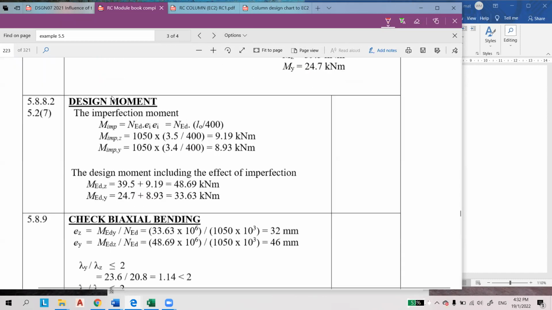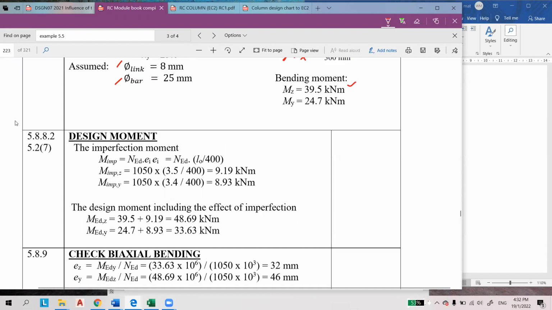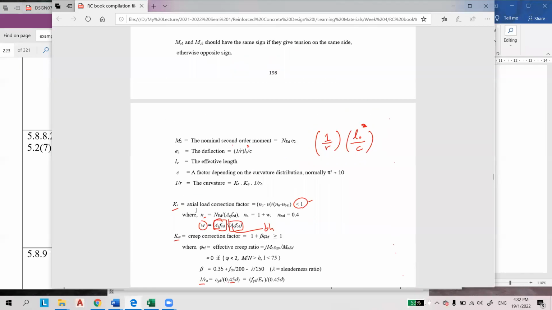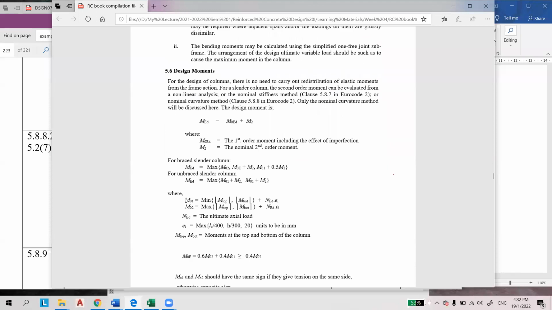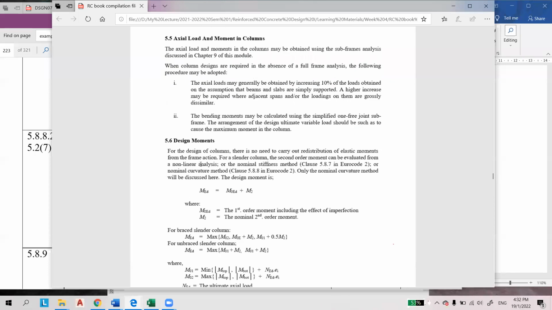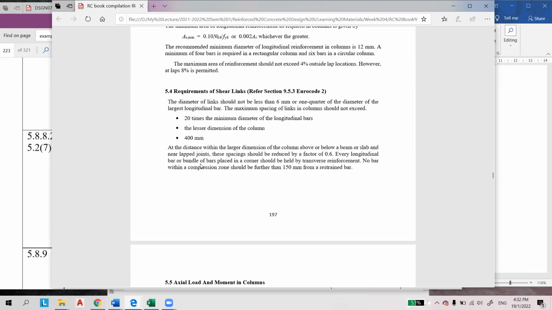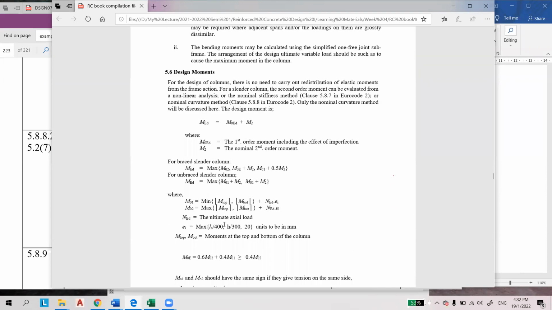First, we must determine the value of the imperfection moments due to the eccentricity, by using these equations. You can refer to your module about the equations, or refer back to our previous example, Example 5.3, if I'm not mistaken, on how to determine the imperfection moments: NEd times the eccentricity ei.